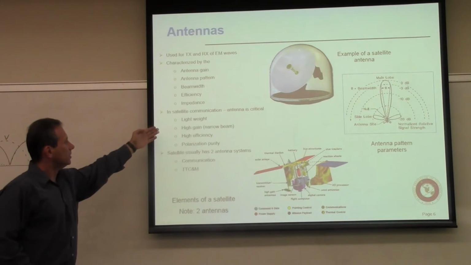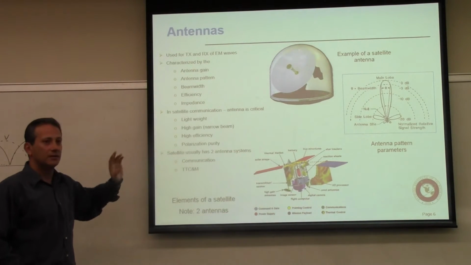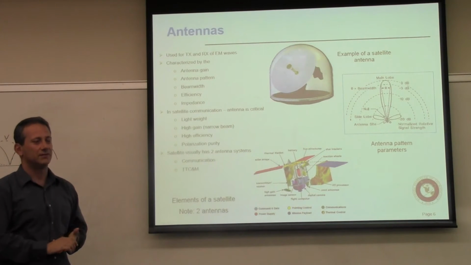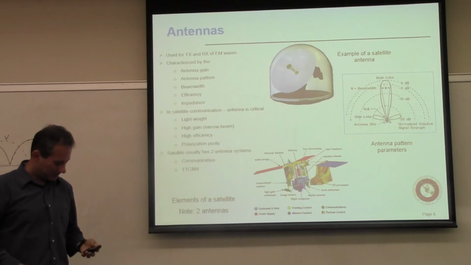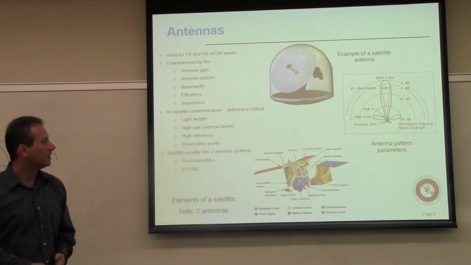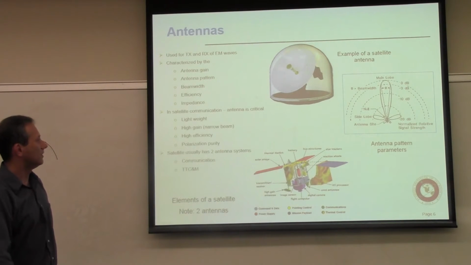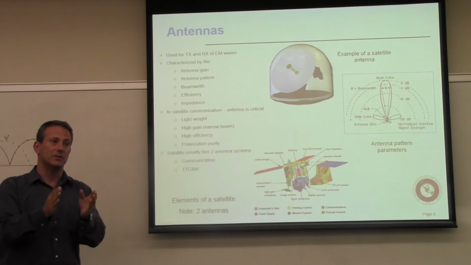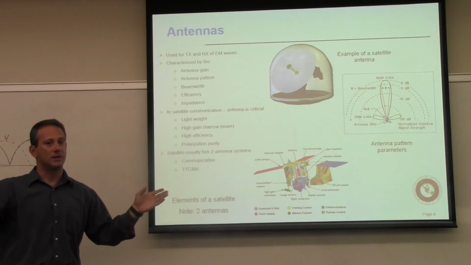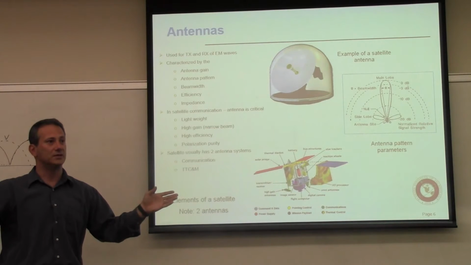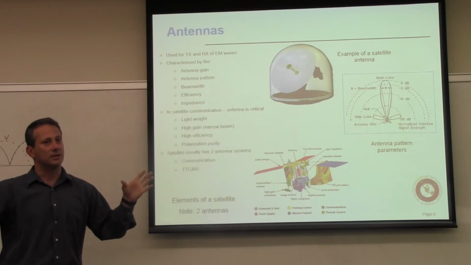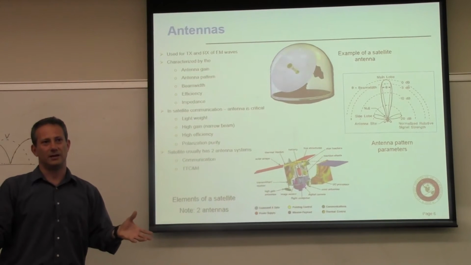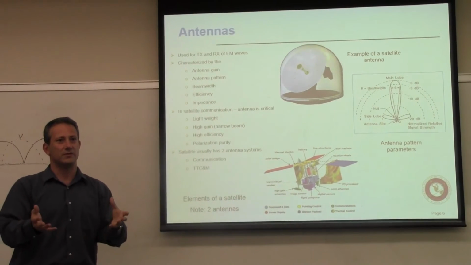Now, antennas need to be lightweight and high gain. Lightweight for obvious reasons, because you want everything that flies to be lightweight, and they have to be high gain, which comes hand in hand with a narrow beam. Because if you remember, antennas are nothing but a passive device. Even though we talk about the gain of the antenna, it can never create any amplification, because it's a passive device.